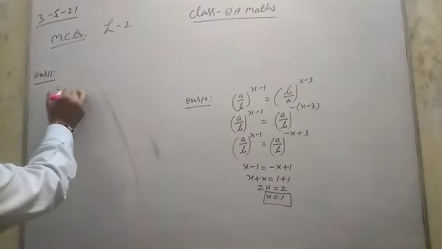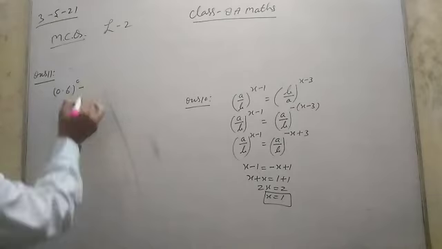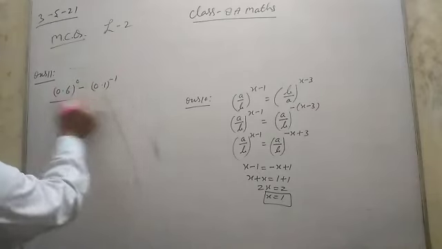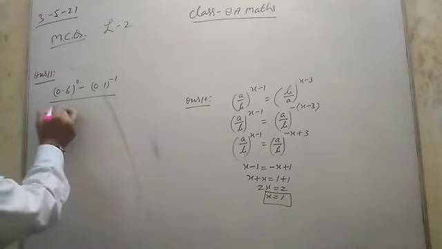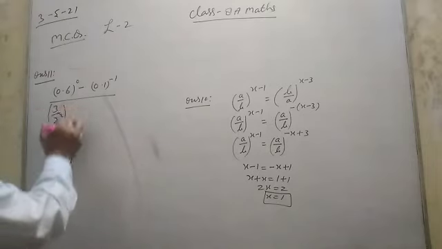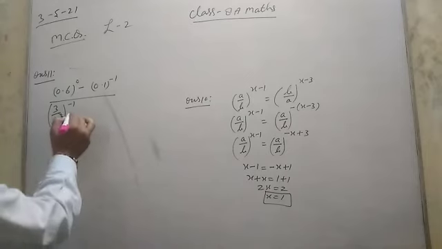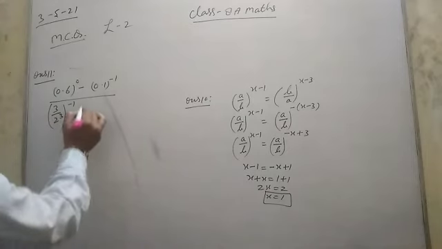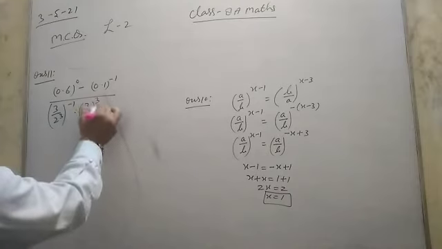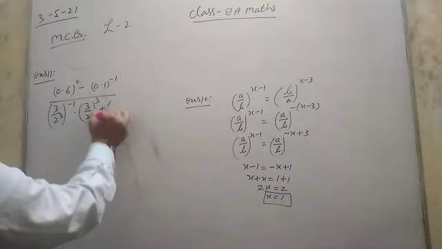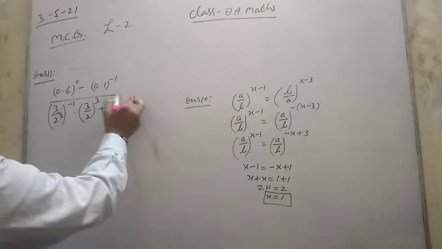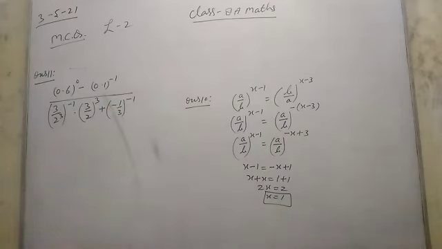Zero point 6 power 0 minus 0.1 power minus 1 upon 3 by 2 power 3 whole to the power minus 1 into 3 by 2 power 3 plus minus 1 by 3 power minus 1, okay, is equal to.